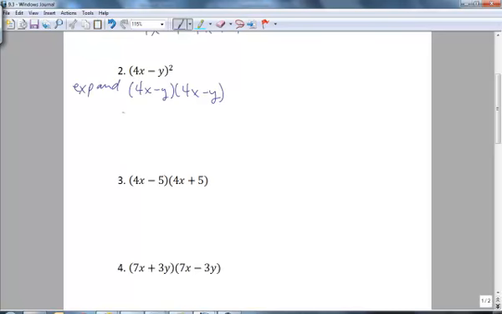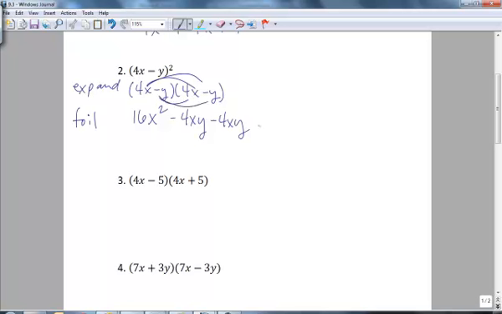All right, once you've expanded, the next step is to FOIL. So foiling firsts are going to give you 16x squared. When you multiply your outers, you're going to get minus 4xy. When you multiply your inners, you're going to get minus 4xy. Did you notice that with the first one? The inners are the same.